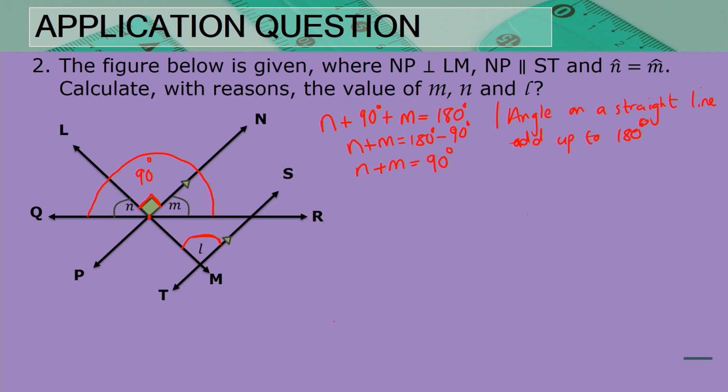But if we go back to our statement, we have been told that N is equal to M, or angle N is equal to angle M. So that is given information.